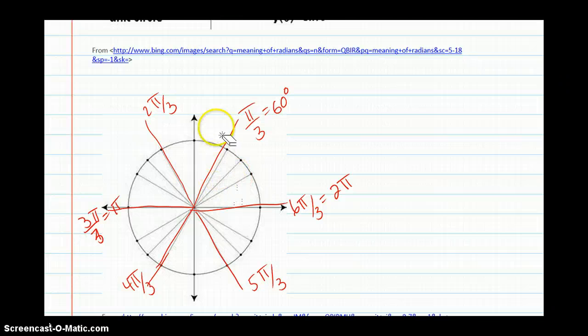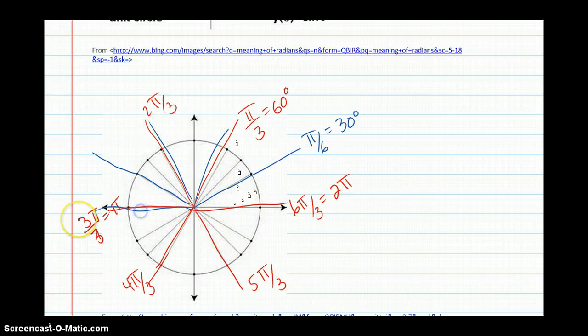The reason I said there was going to be some overlap, if I do it in a different color, right, this would be 30 degrees. So we would take pi and we divide it by 6. So there would be pi over 6, which is 30 degrees. Break this up into 6 pieces, right?